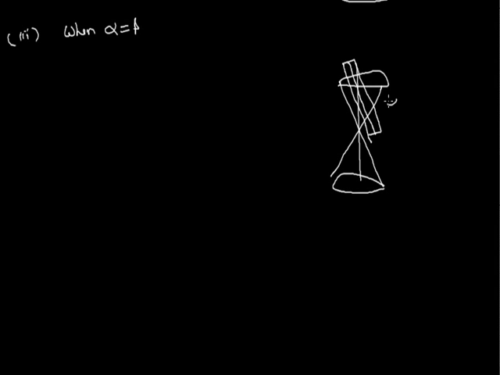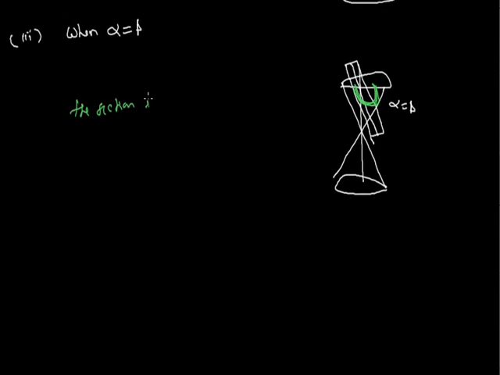So here alpha is equal to beta. In this situation, the section so formed is a parabola.